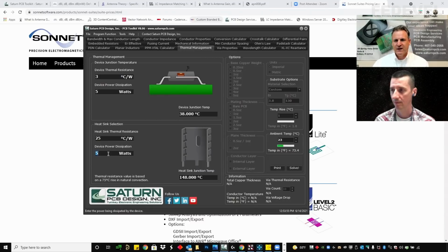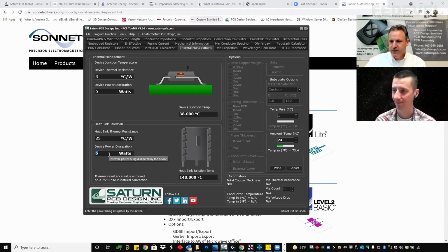For example, if you look at an N-channel FET, it'll say it'll handle 120 amps. Well, that's 120 amps if you keep it at 25 degrees C. If it goes to 35 degrees C, it might only be able to handle 50 amps, and then up and up, to the point where it's going to explode.